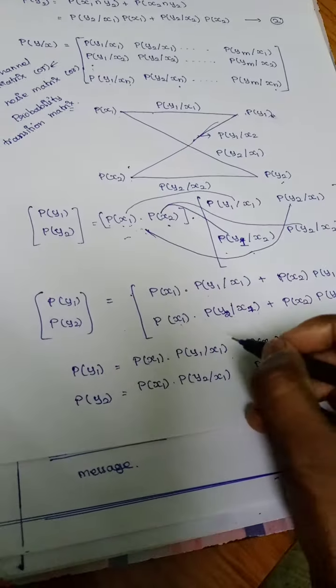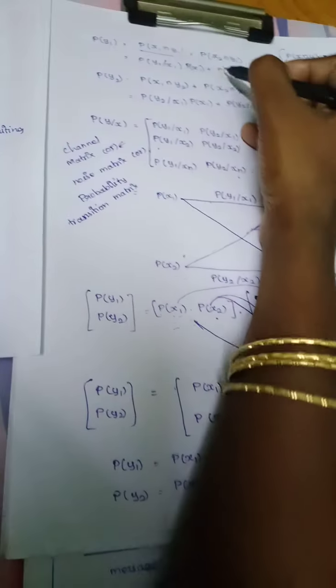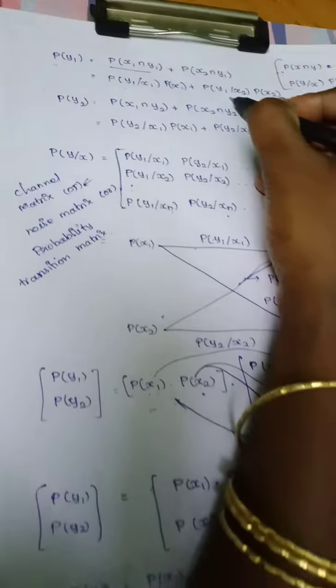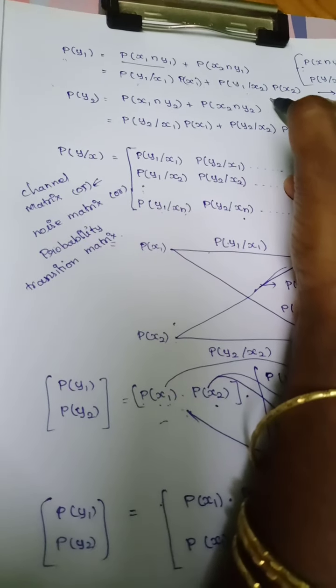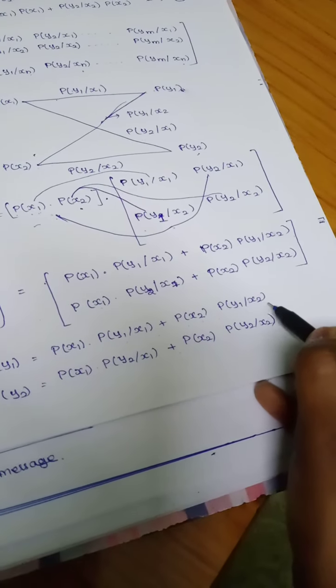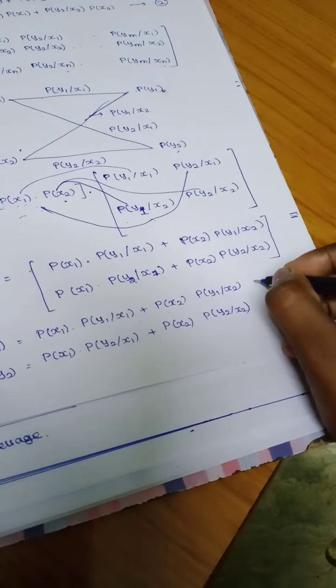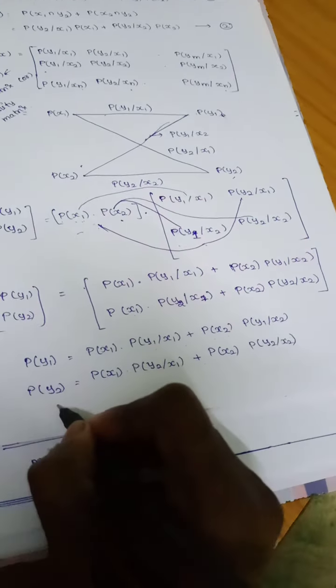After multiplying we have to use the plus sign. Okay, and then plus P of y1 divided by x2, P of x2. So P of x2 into P of y1 divided by x2. Okay, this. Next P of y2.